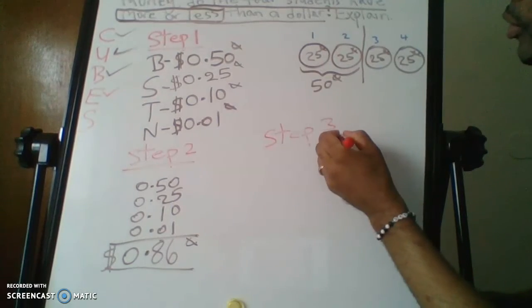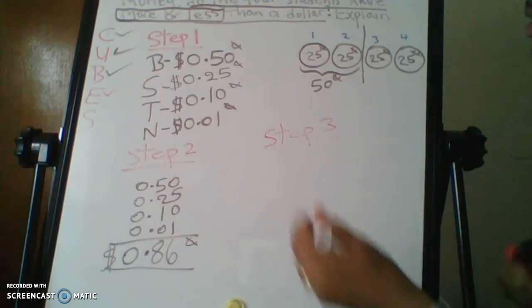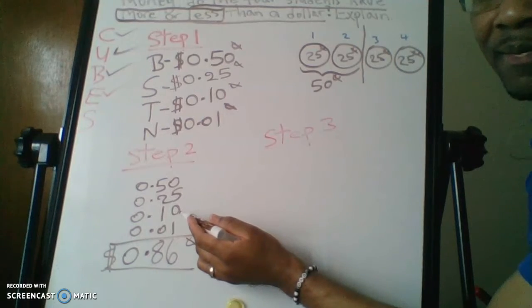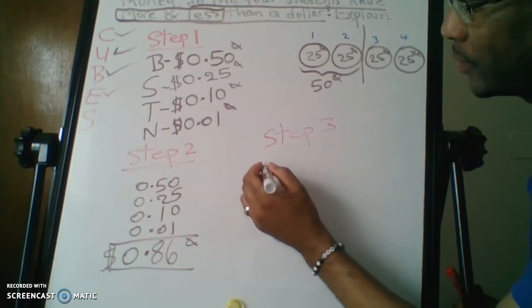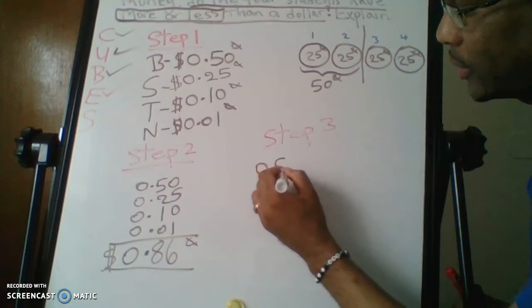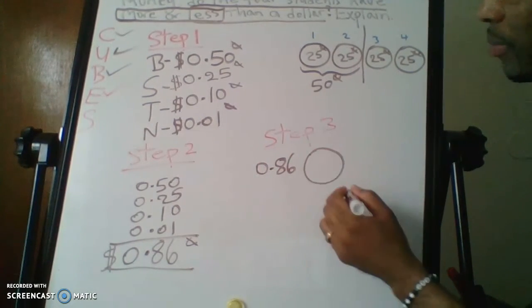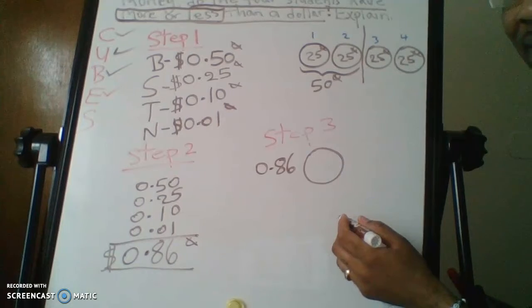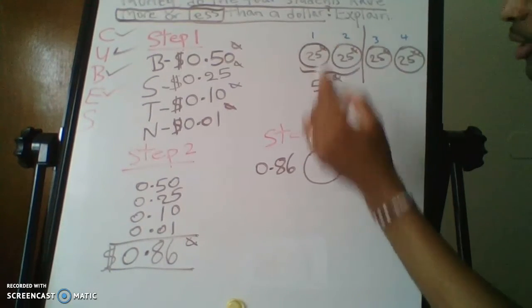So now I'm going to compare. The 4 students have altogether 0.86, and I'm going to put a big circle here to compare because I'm going to put more or less in there. And I want to compare them to the question says, to $1.